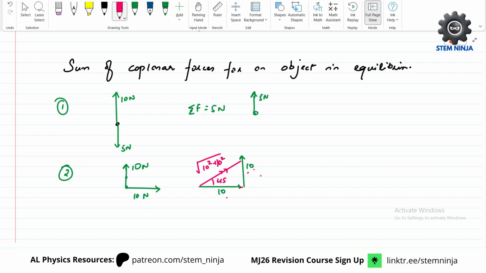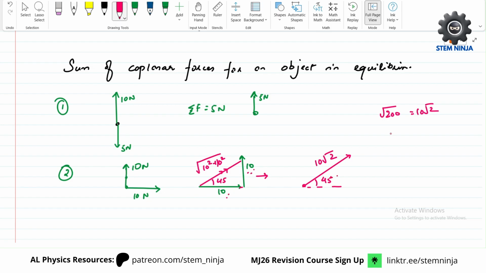So the resultant force is going to be 10 root 2 acting at 45 degrees.